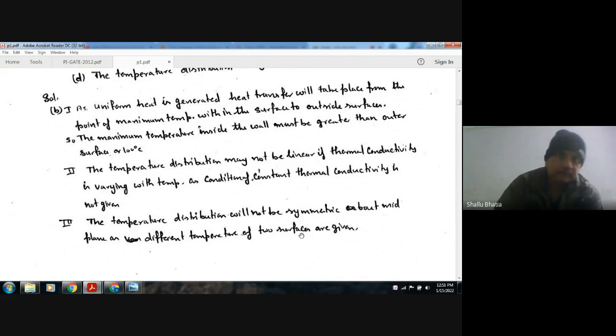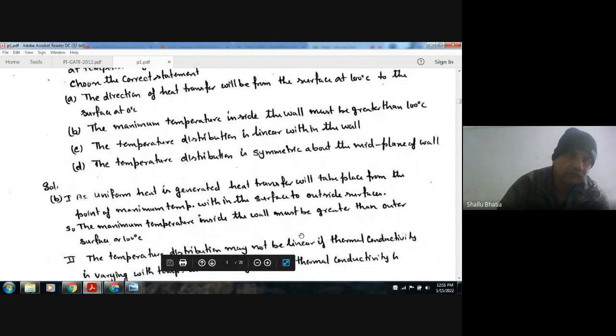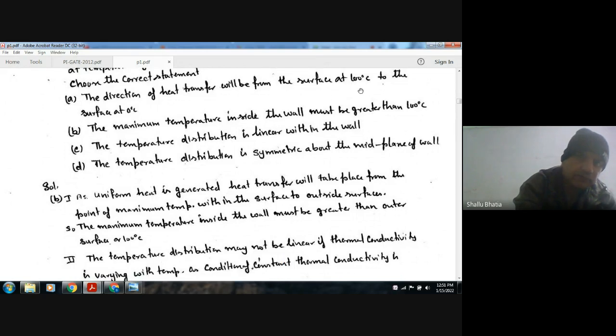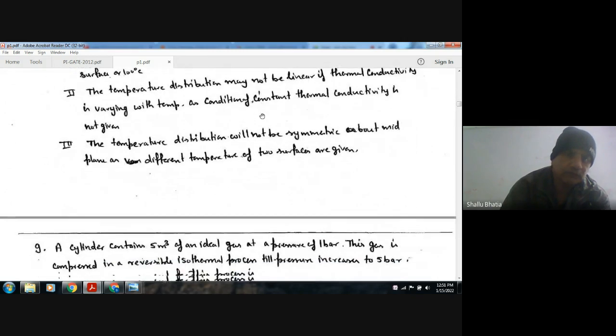The direction of heat will not be from 100 degrees Celsius to 0 degrees Celsius. It will be from the point where the maximum temperature exists to the walls. So the answer is B.